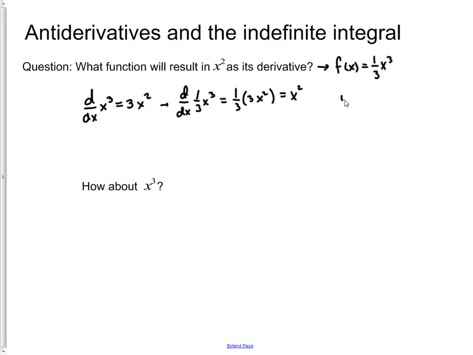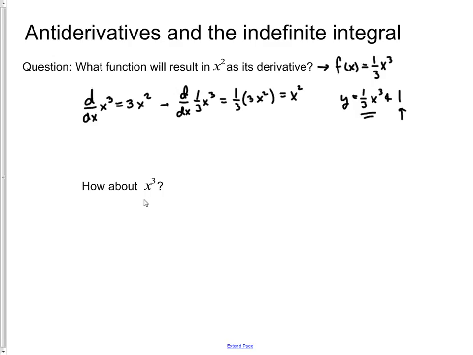If you think about it, y could equal 1/3 of x cubed plus 1, or minus 100, or something else like that. But we'll notice that this constant goes to 0 when we take its derivative, so we don't really know for sure what function it is, but we know the function must contain 1/3 of x cubed in it to get x squared as its derivative.